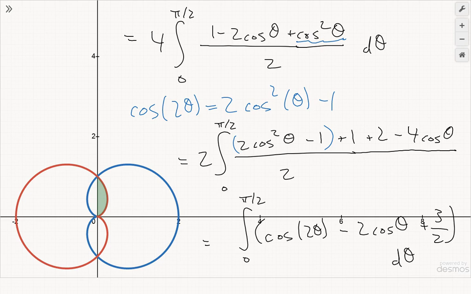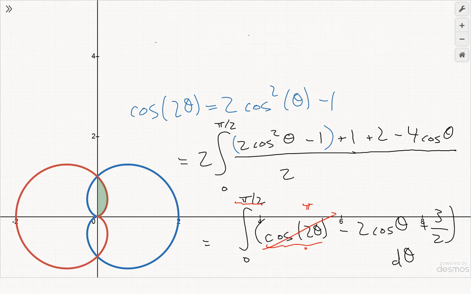Now, the reason I did that is that cos 2 theta, if we're going theta from 0 to pi over 2, then 2 theta will go from 0 to pi, and that's integrating a function where the negative and positive values will cancel out. So without even having to do any anti-differentiation, we can cancel this out to 0. So you don't have to do it that way. You could go through the integral of cos squared, but sometimes you can spot this trick.